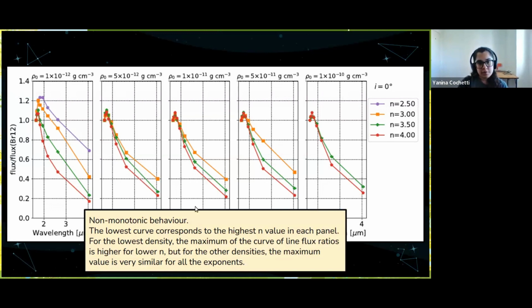And the lowest curve is for the highest n value. And for the lowest density, the maximum of these curves depends on the n value. I mean, for smaller n value, this maximum is higher than for higher values of n.